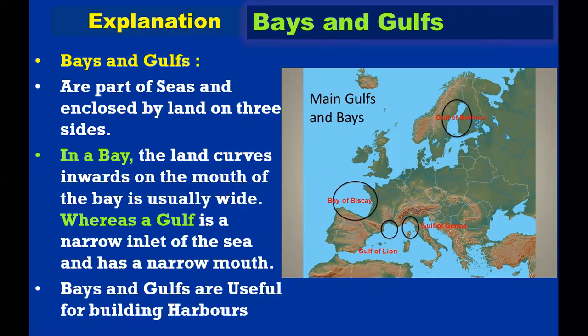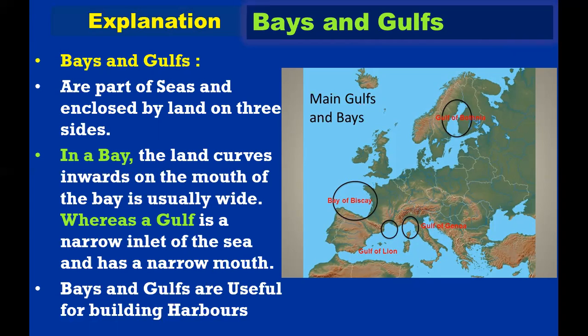So in Europe we find many bays and gulfs, and these bays and gulfs are very useful. Here we can even find fishes; they come and breed here, and these bays and gulfs are useful for harbors. The bays and gulfs are parts of the sea enclosed by land on 3 sides.